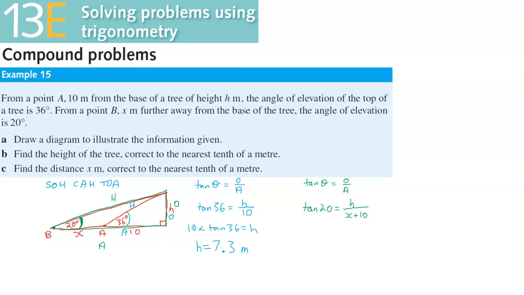I need to use the answer I had before. So I'm going to leave it as h for the moment. I need to multiply both sides by the denominator. I need to be careful to write it in brackets because it's all one thing at the moment. So x plus 10 times tan 20. Remember there's an invisible multiply sign there. It's h. x plus 10 equals h divided by tan 20.